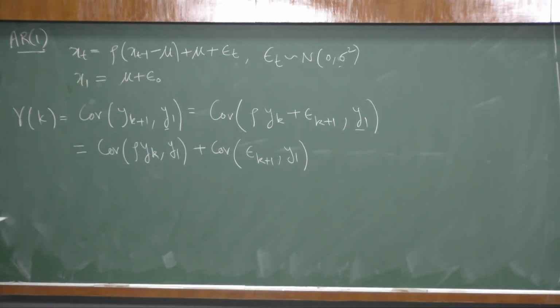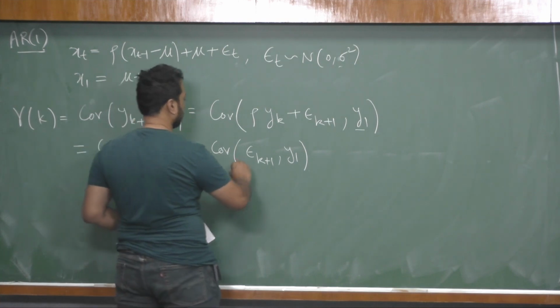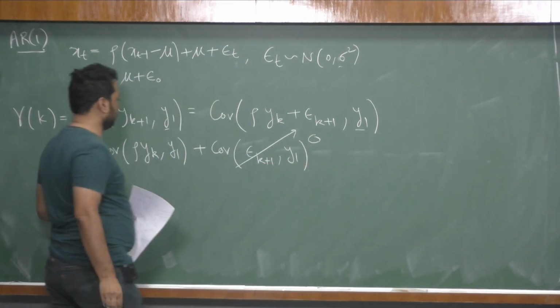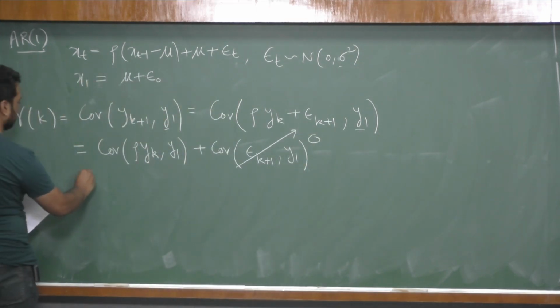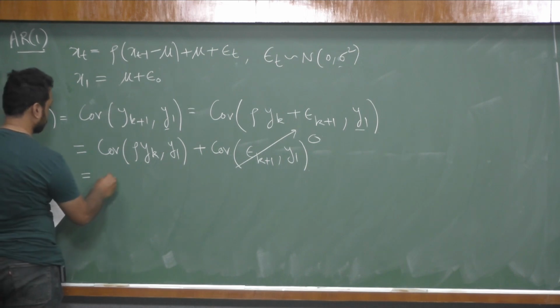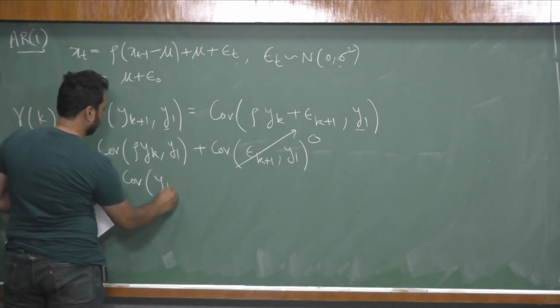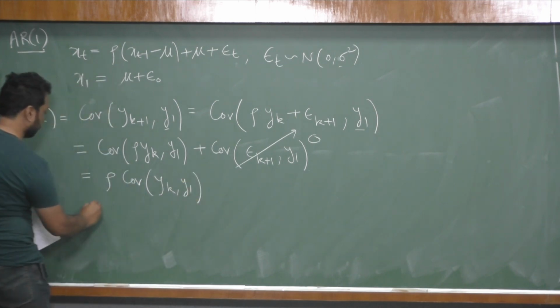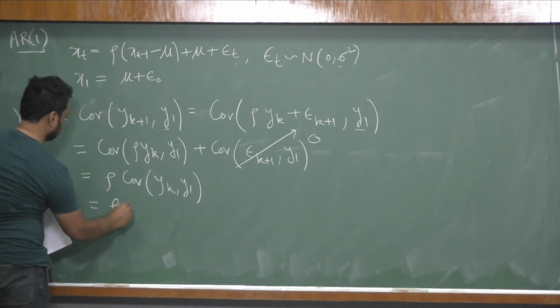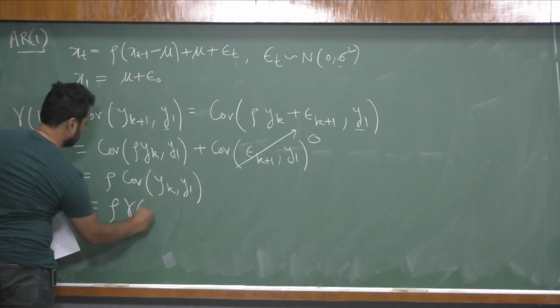So this guy will go to 0, and then what is left is that we take the rho here, and then this is covariance of y_k, y_1, and this is recursively gamma_{k-1}.